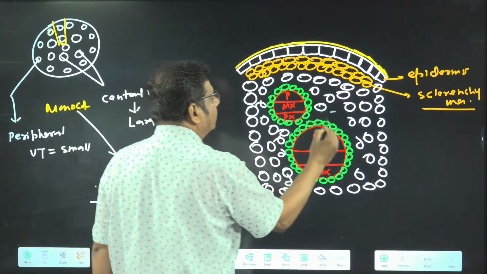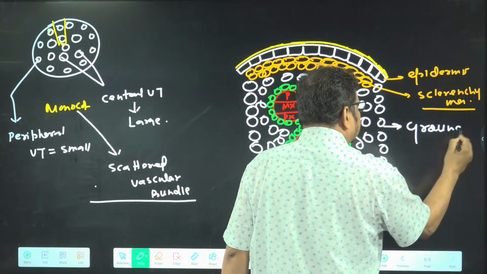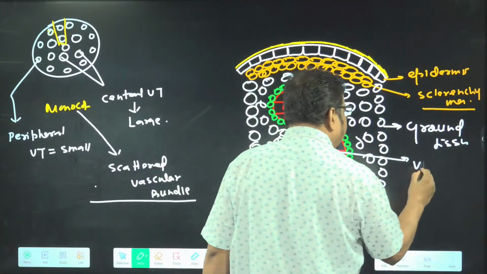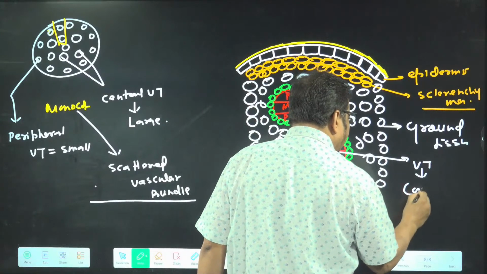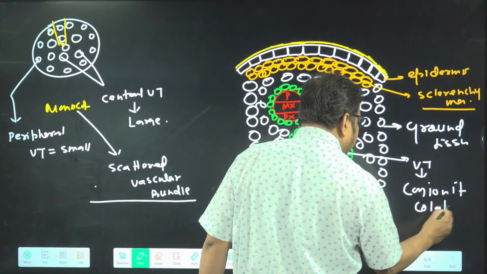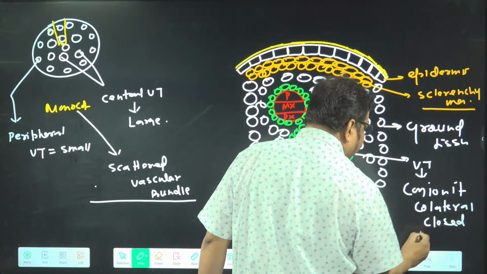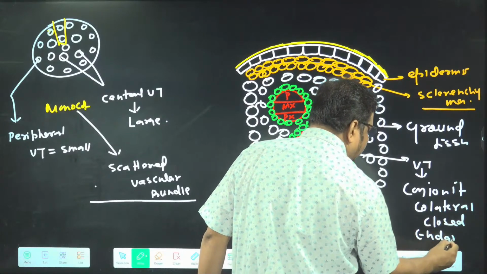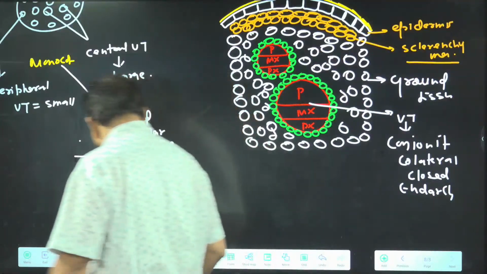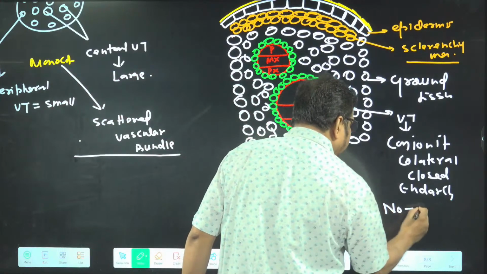Are you getting the idea or not? So this is ground tissue, and this is vascular tissue. What do you find about the vascular tissue? Conjoint, collateral, not bicollateral, closed, and endarch. Number: many.